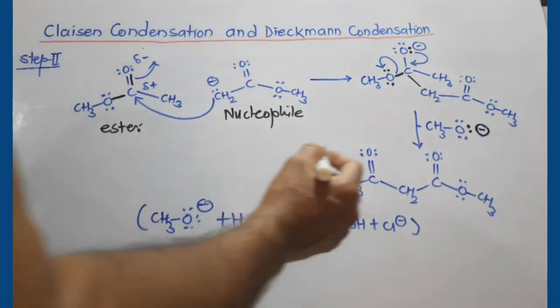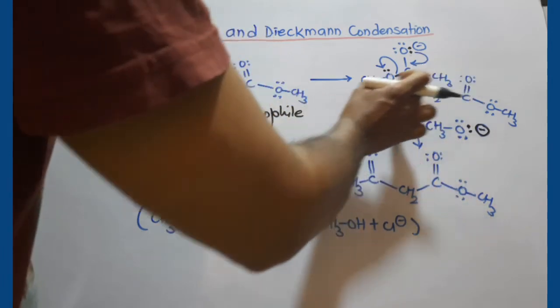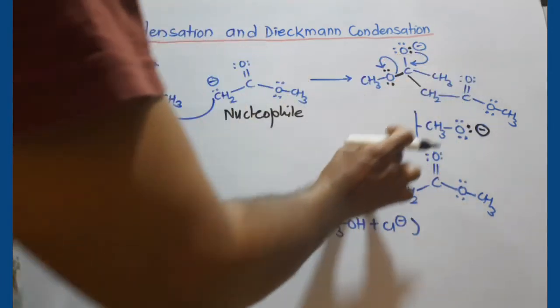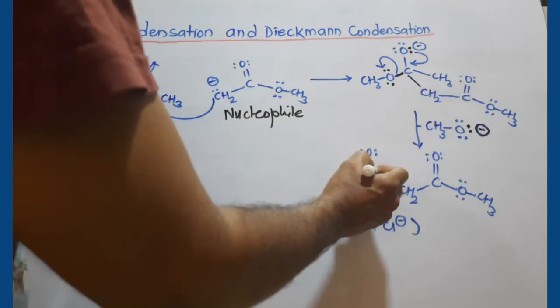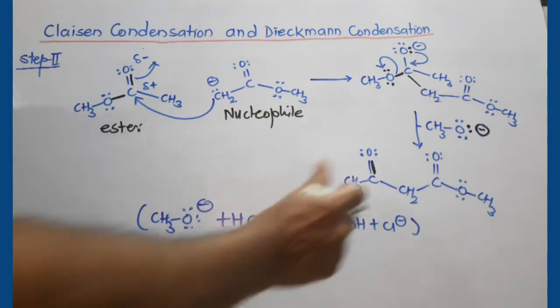And if you do that, you can see a reaction taking place here. I just move this CH3 toward this side, toward the vacant side. So this CH3 is coming here, and this is the newly generated pi bond which is generated from this lone pair, and the rest of the molecule I kept here as it is. So this base is generated.